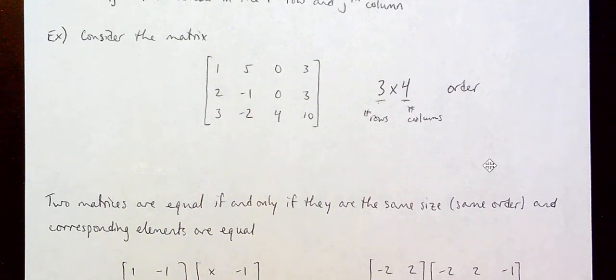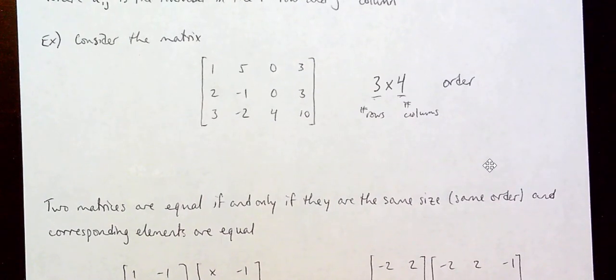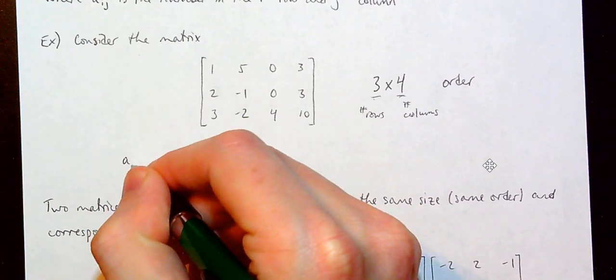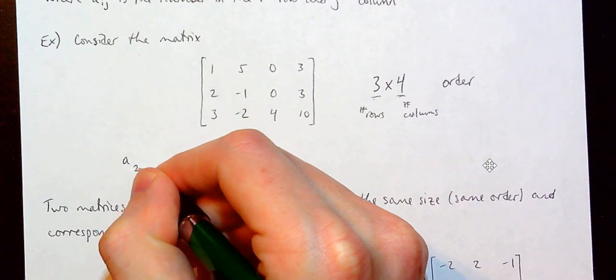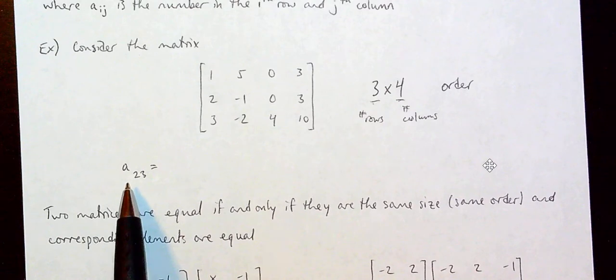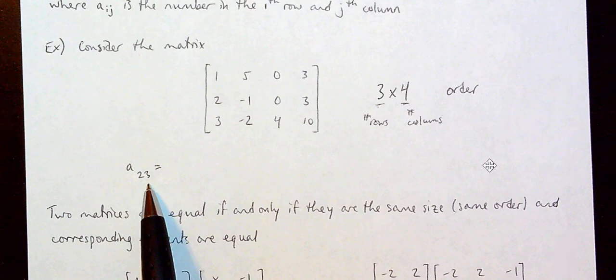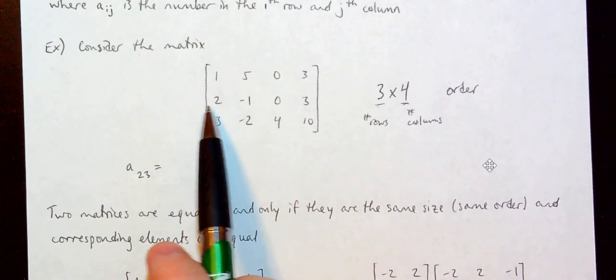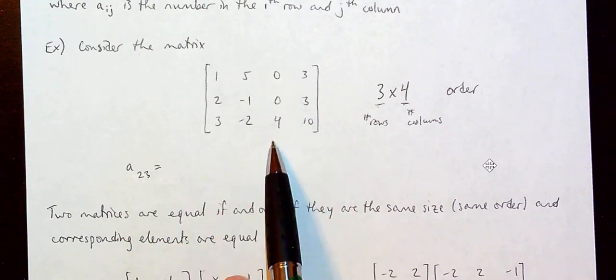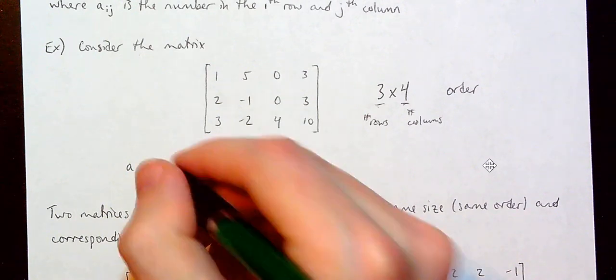So I'm just going to identify some particular elements in some particular row and column, and we should be able to figure out what those are. So for example, if I said A sub 2,3, I want the element of this matrix here that's in the second row and the third column. So if I go second row, third column, the number that lies in both those guys is that 0.